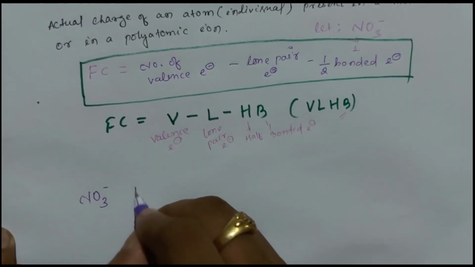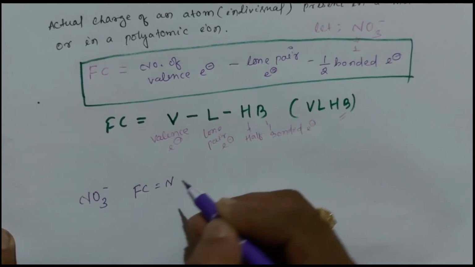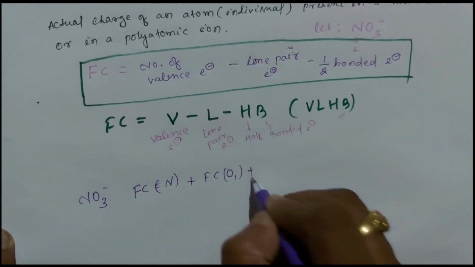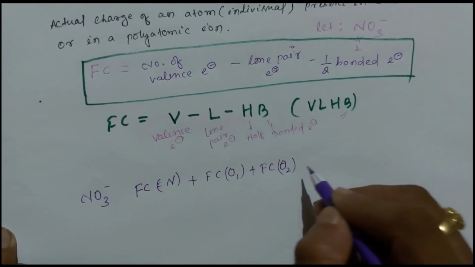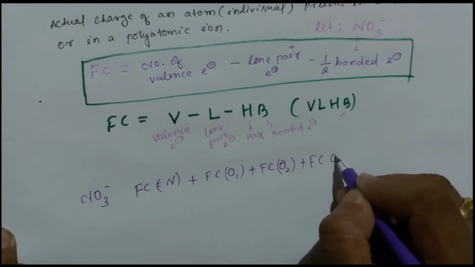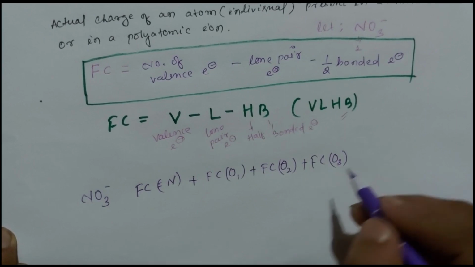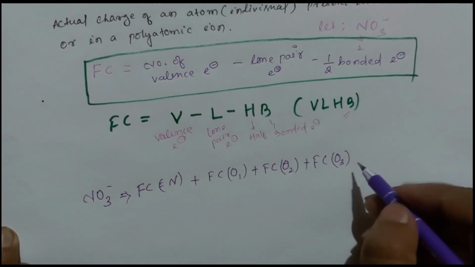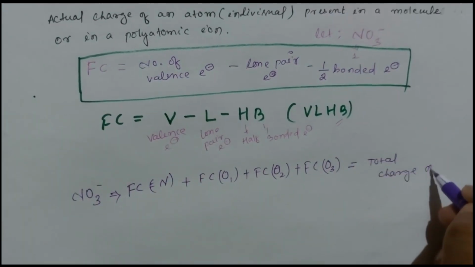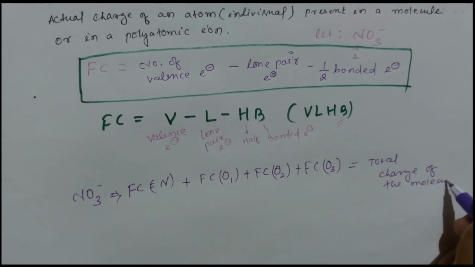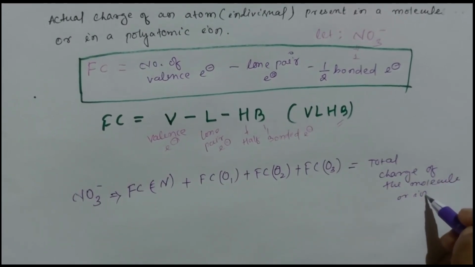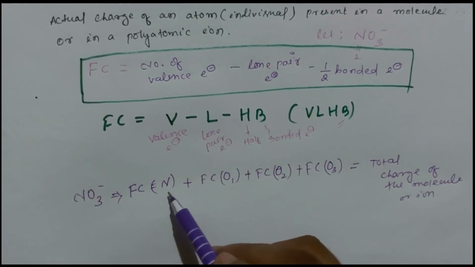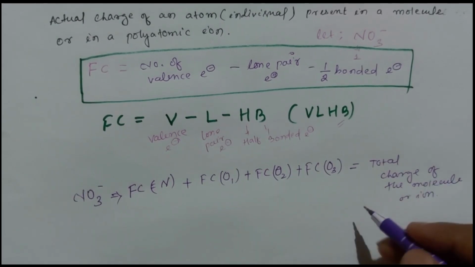So the formal charge of the nitrogen plus the formal charge of oxygen 1 plus oxygen 2 plus oxygen 3. If you add the formal charge of each atom, it will give the total charge of the molecule or ion. Here the total charge of this compound is -1, and if you add the formal charges of the nitrogen and 3 oxygens, we will get the value -1.